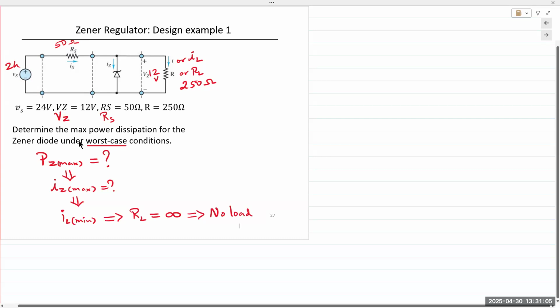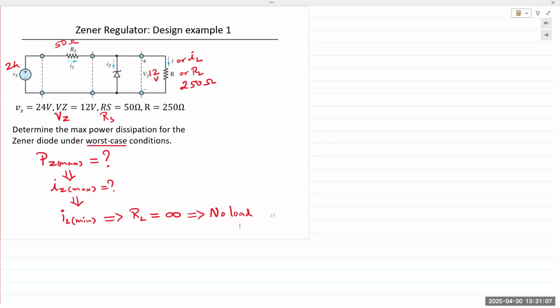Okay, so let's start at the top. We have IS coming this way. We have our KCL equation: IS is IZ plus IL. We can find IS because we have VS, VZ, and RS, all three values.